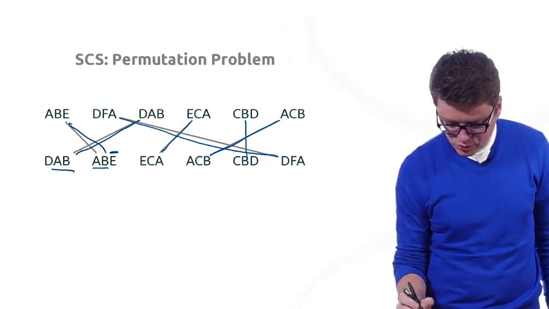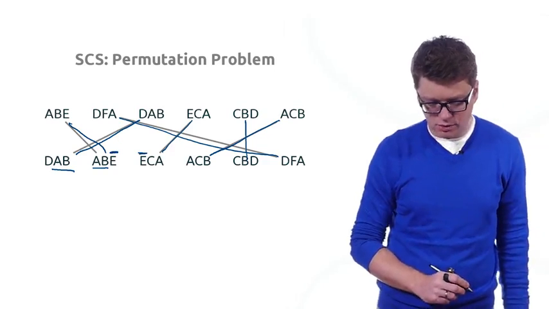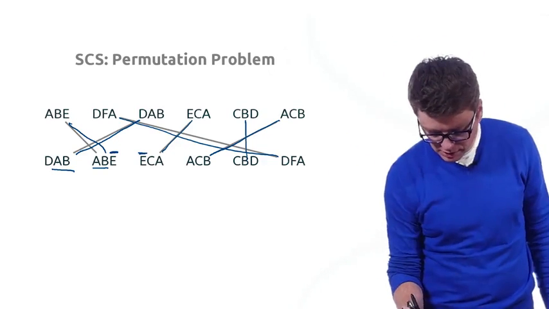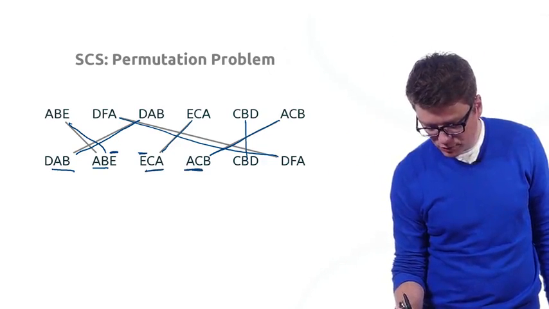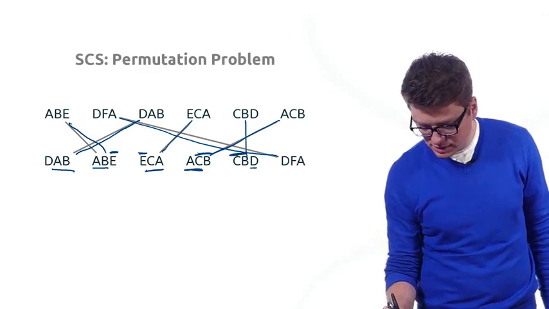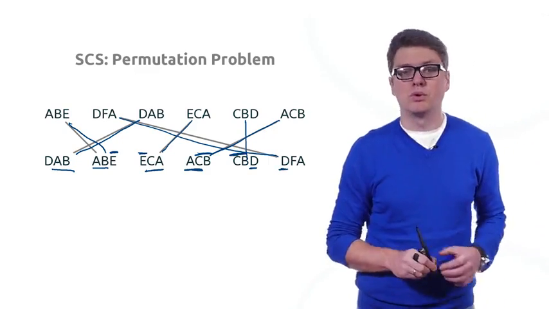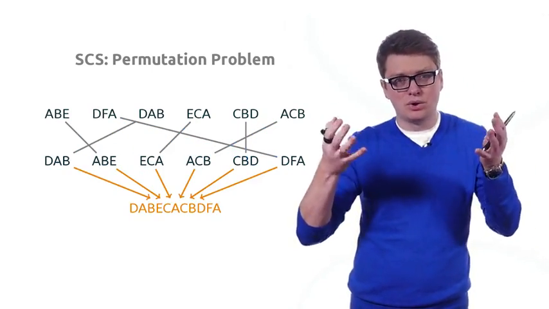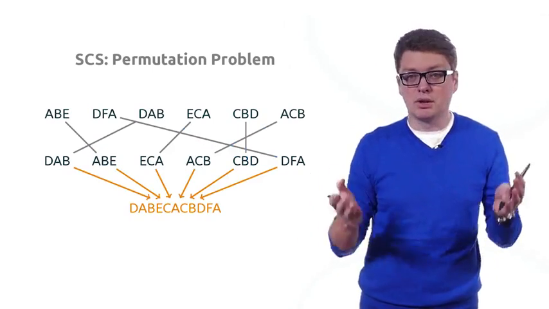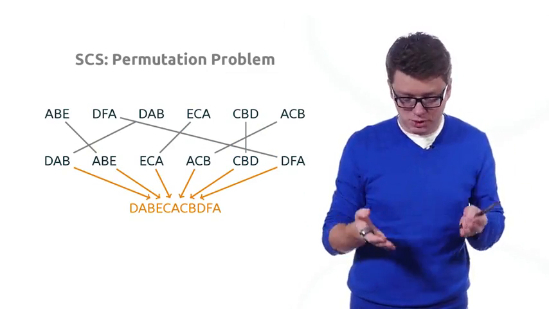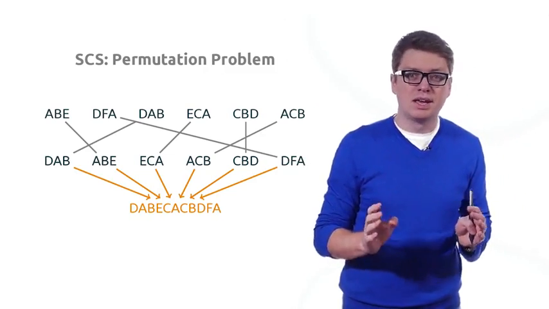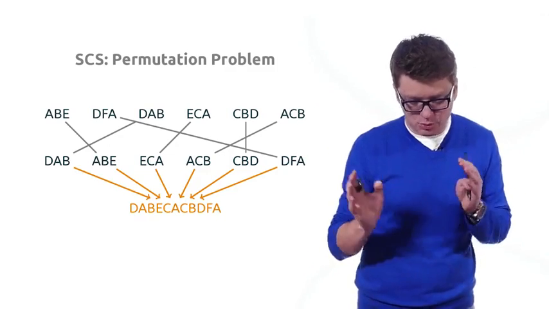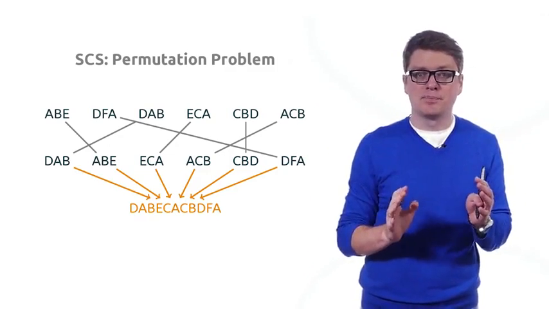Then these two have overlap 1, right? One symbol. These two have overlap 2, as well as these two. And finally these two also have overlap 1, I'm sorry. And this allows us to compress all these strings in this particular order into one string, which gives us a shorter superstring than what we get if we just concatenate all of them, right?